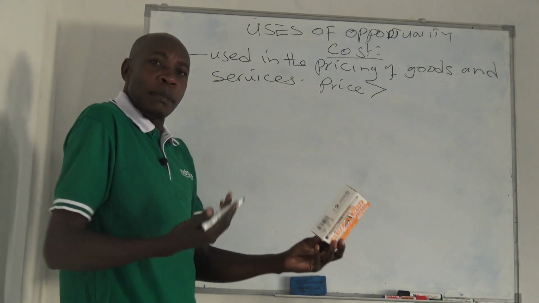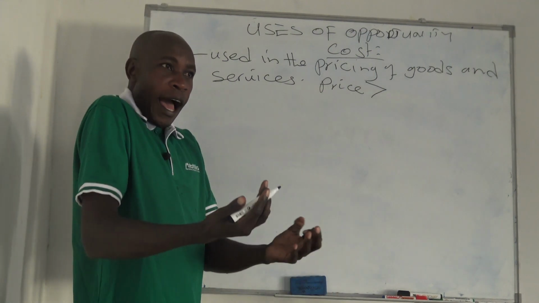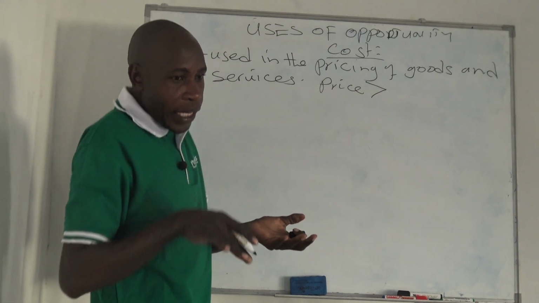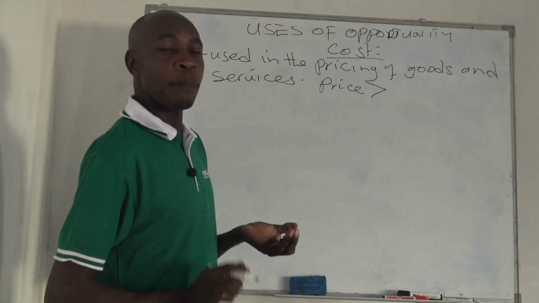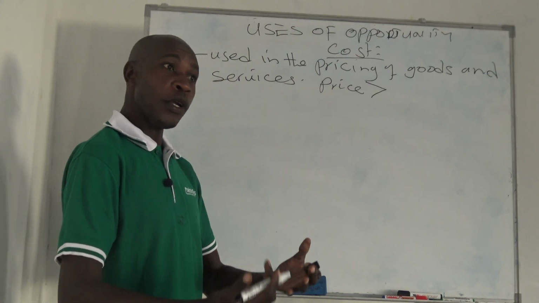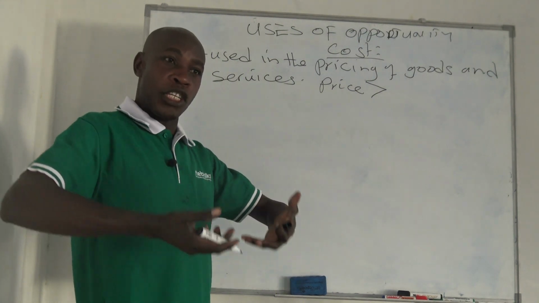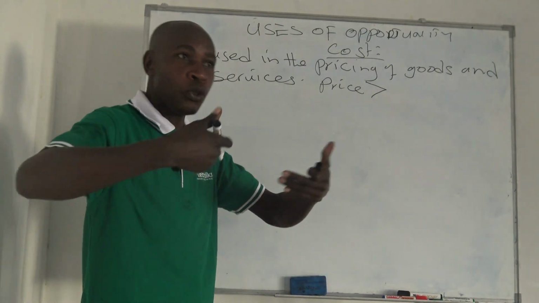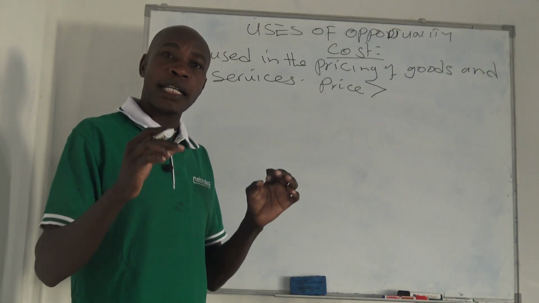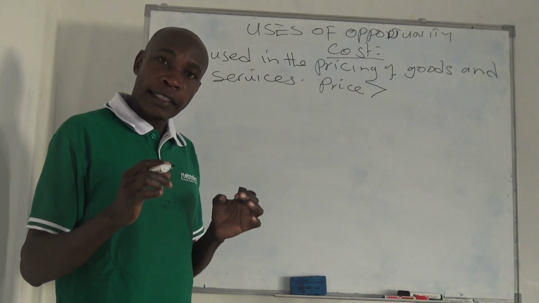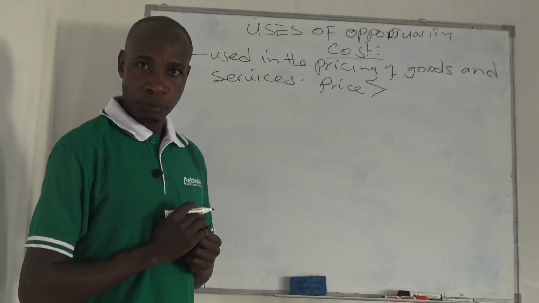So you will always be motivated to produce this highly priced commodity other than leaving it unproduced. So you will always have a highly priced commodity to motivate you, the producer, to always produce that product, basically because we look at profit maximization as the sole motive of the producer.